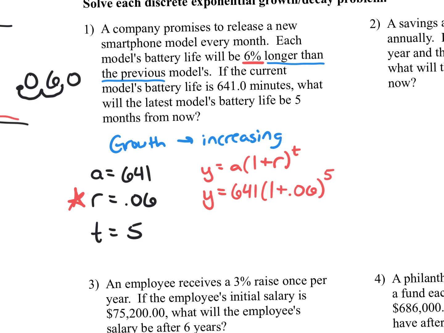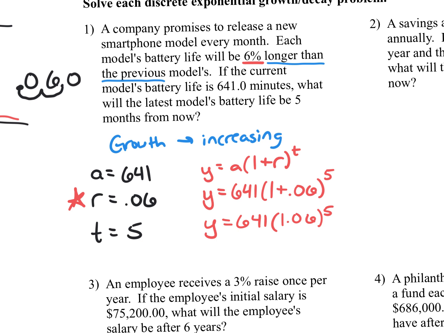It's that exponent, right? So before you can start typing this in your calculator, what do I need to do first to simplify a little bit? Yep, let's put that together. So we get y equals 641 times, if I add these two together, I get 1.06 to the 5th power. Everyone grab a calculator.